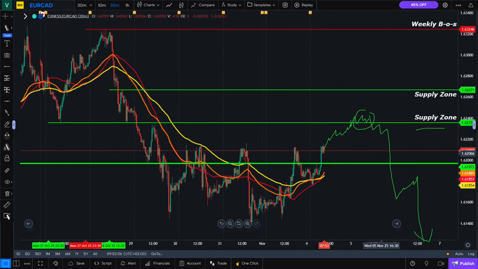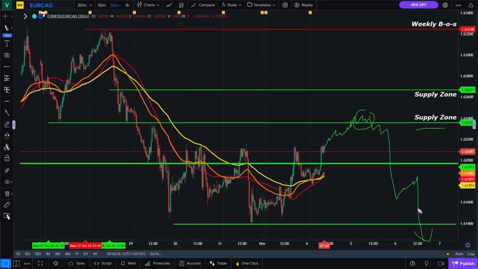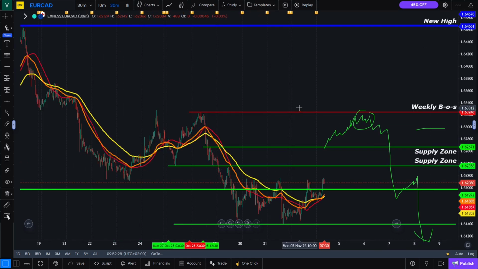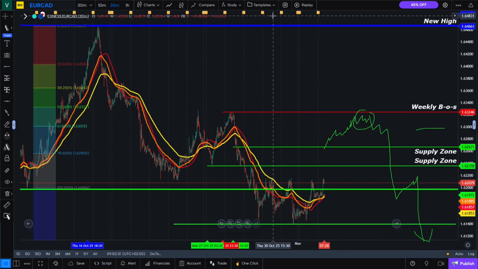The new low is supposed to be down here. Something has moved my analysis at 1.6140. This is where the new low is supposed to be during our weekly interaction with the market. So with that being said, traders, let me just find it.